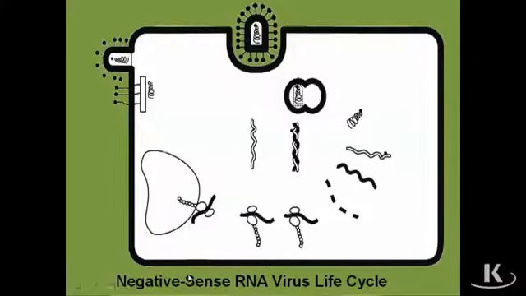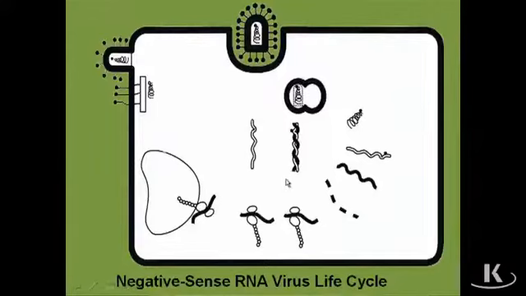Now, the negative-stranded RNA virus life cycle, we're using rabies virus as an example, and you should know that because rabies virus is the only virus that's bullet-shaped. You can see that here, okay? So the virus gains entry into the cell. It attaches, like we've talked about, has to get in, penetrate the cell, uncoat. Okay, so that's what you're seeing here. We have attachment and penetration. We have uncoating of the virus.